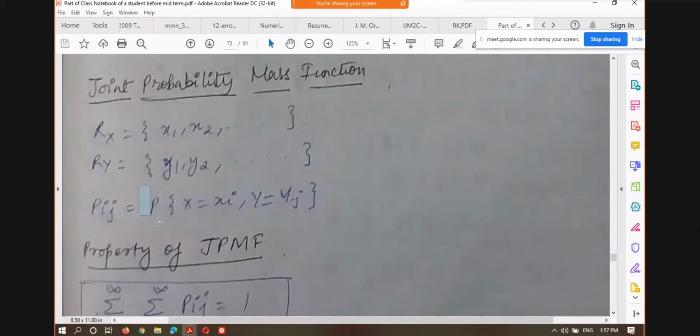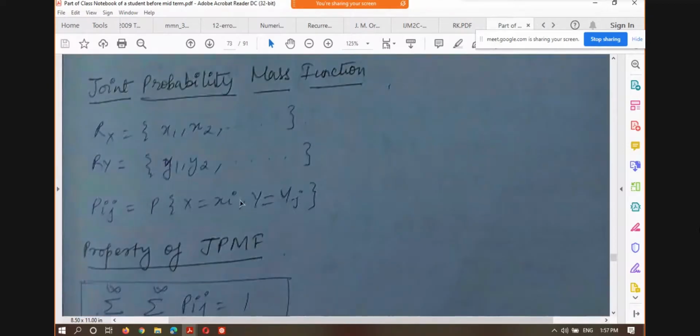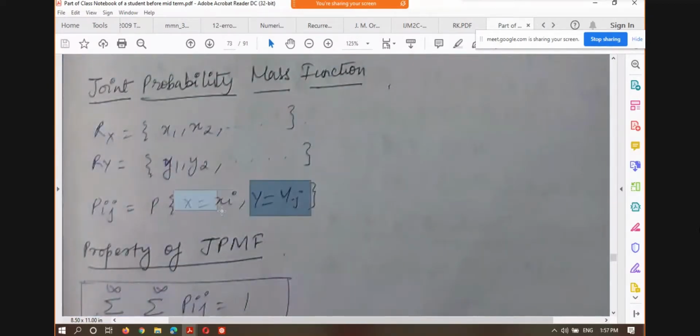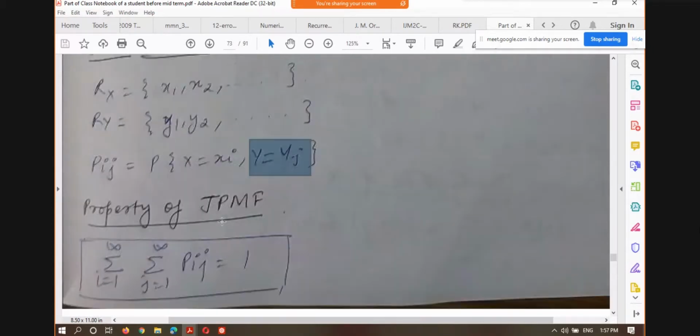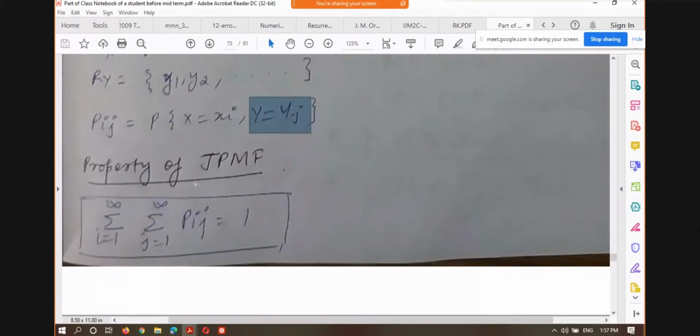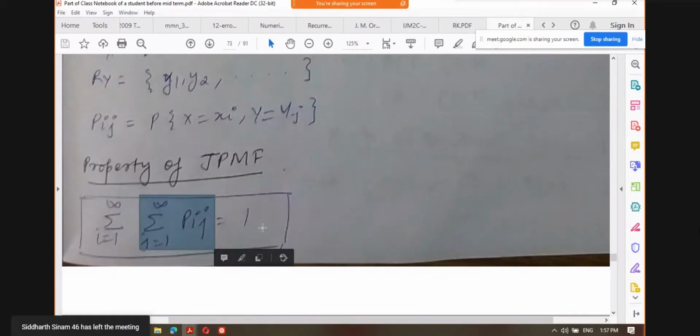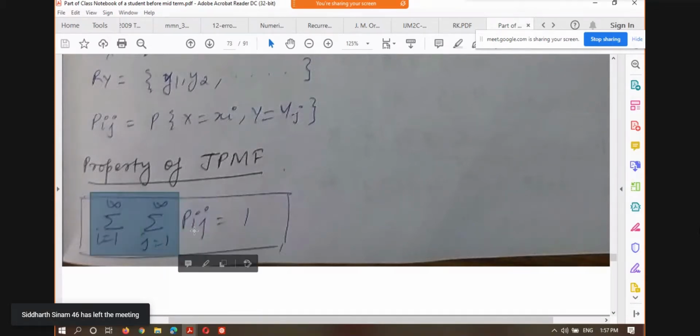Earlier, only the first part gave you the probability mass function for X. Now, Y equals yj means this event intersection with this event, and the probability is known as the joint probability mass function for the random variables X and Y. Earlier, because it is a single random variable, the sum should be 1. But now we have two random variables, so the double summation of p_ij equals 1. If we had three, then a triple summation of p_ijk, like this.